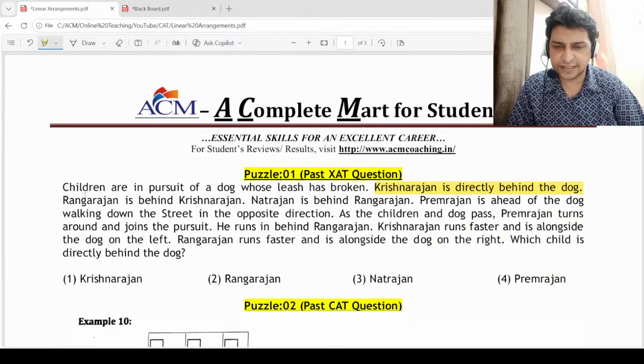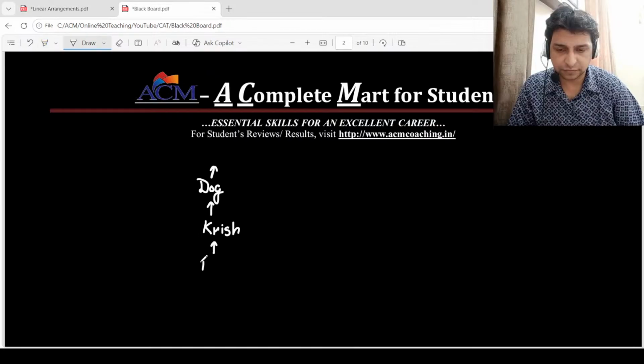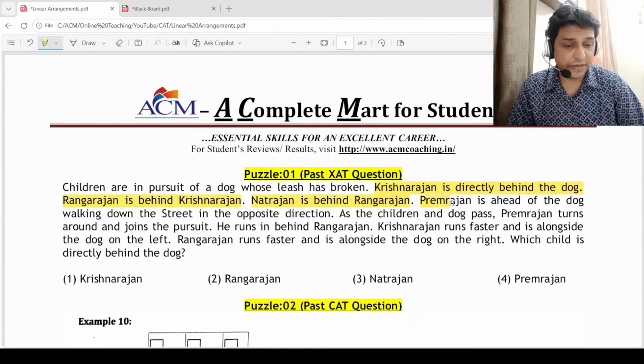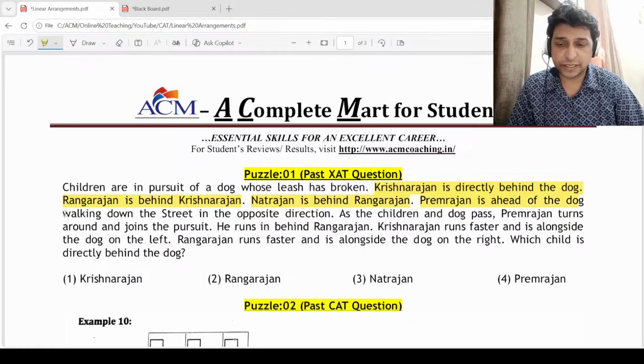And then they say Rangarajan is behind Krishna Rajan. So Rangarajan is behind him. After that, Natarajan is behind Rangarajan. And Premarajan is ahead of the dog, walking down the street in the opposite direction.